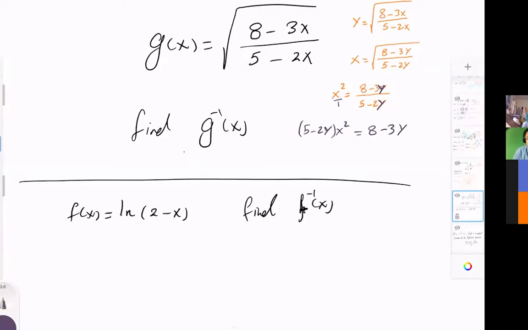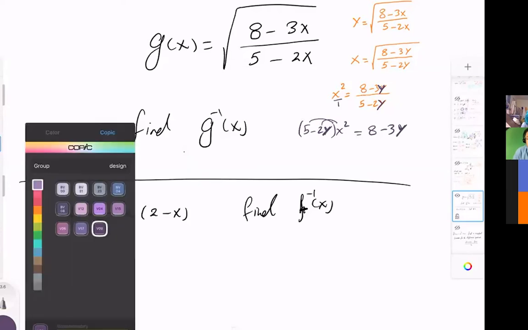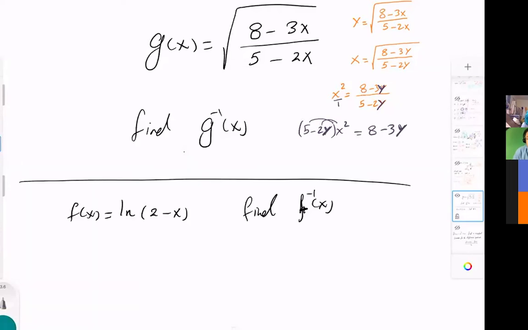We are solving for y, so we need y on one side, but I have to distribute x squared. So this is going to be 5x squared minus 2yx squared equals 8 minus 3y.